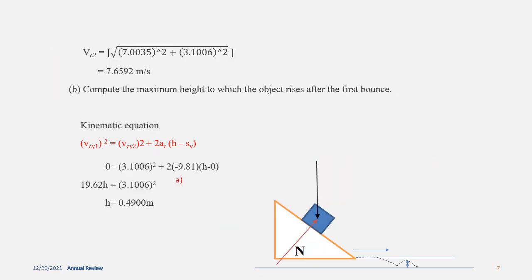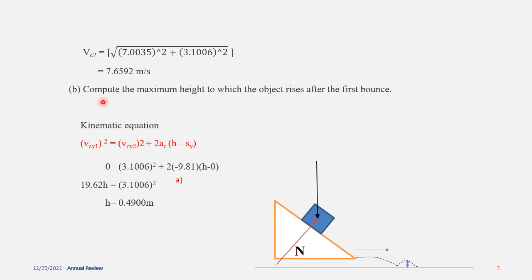Okay, the first question for question 2 is not finished because we must find the magnitude of VC2. VC2 is equal to the square root of 7.0035 squared plus 3.1006 squared, equal to 7.6592 meter per second.